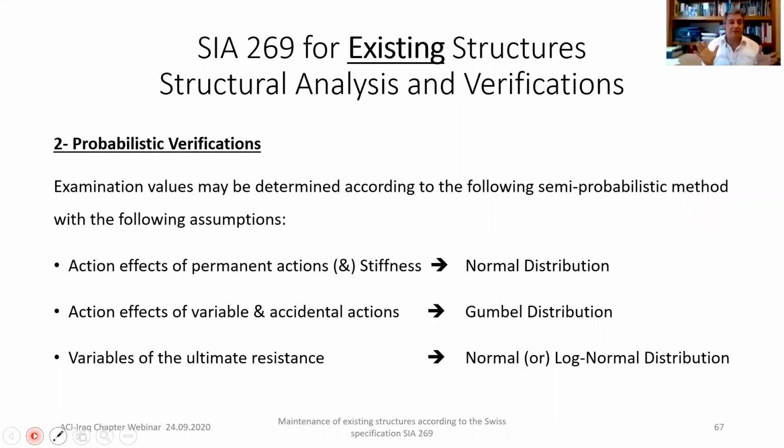In other words, if I may say, what I mean by probability verification is that you will drop the factor of safety that you have from the code, specified by the deterministic method, and you can search for the roots of the factor of safety that fits exactly your structure and your condition, your situation.